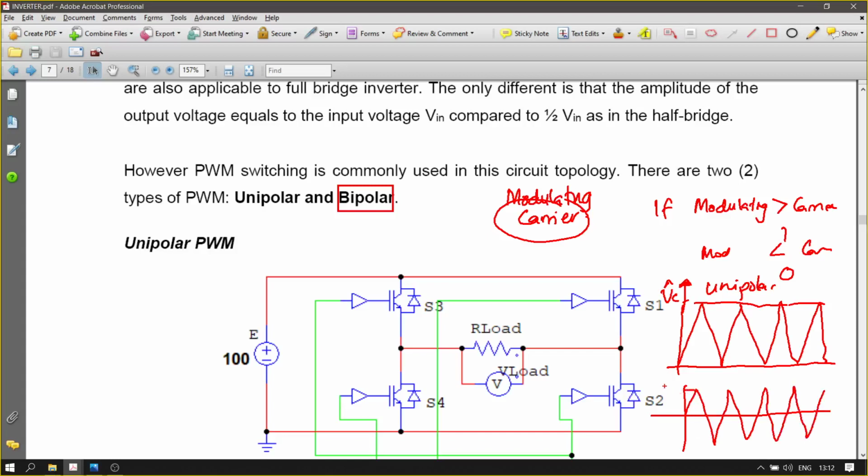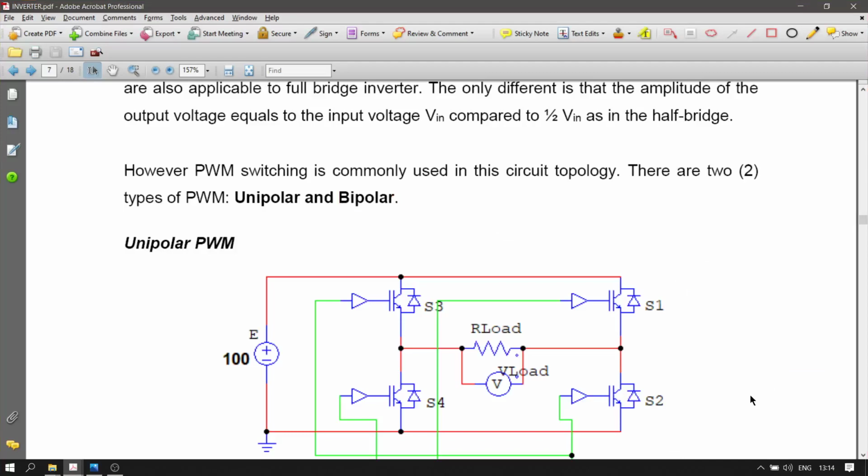Right? So you have the Vc amplitude, and that one will be minus Vc amplitude there. However, for unipolar, you have only 0 to Vc. So this is bipolar PWM, and then you compare with the sinusoidal signal.